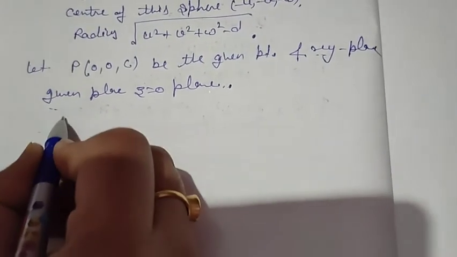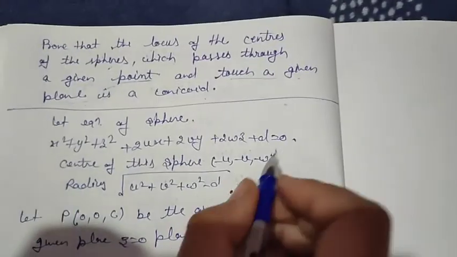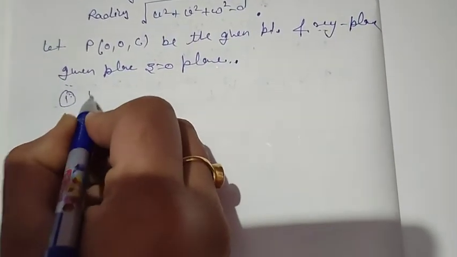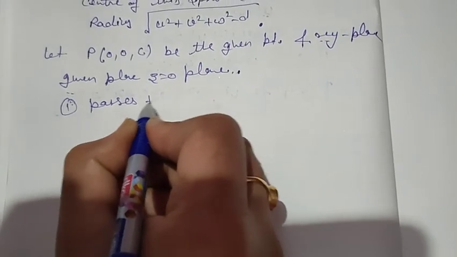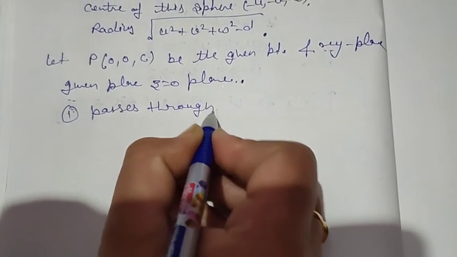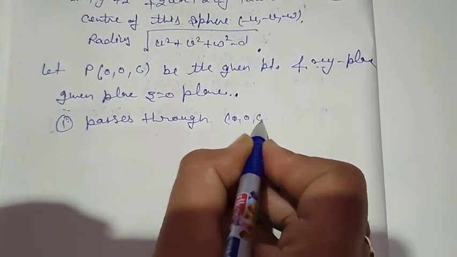We take the equation of the sphere as the first equation. This first equation passes through the point (0, 0, c).